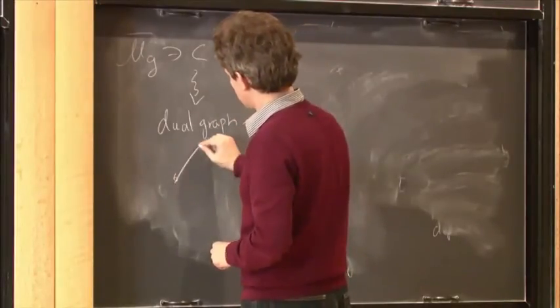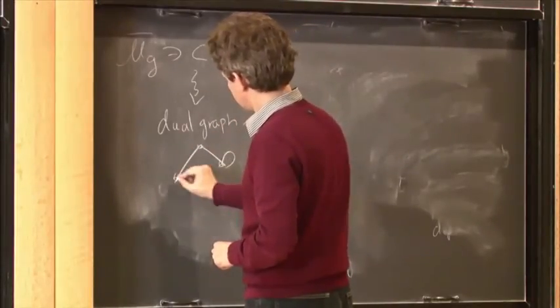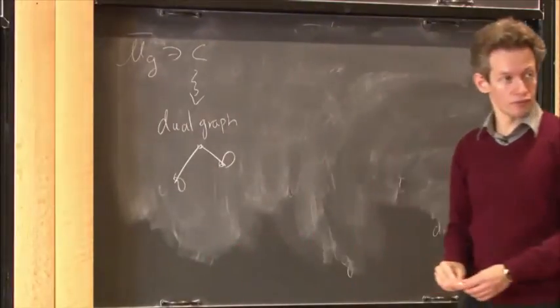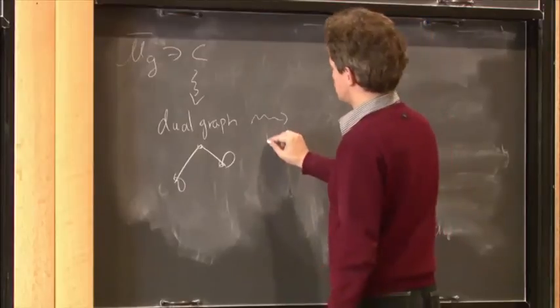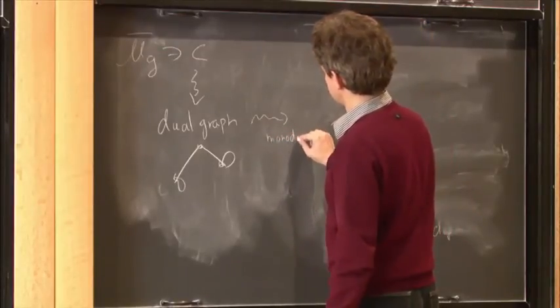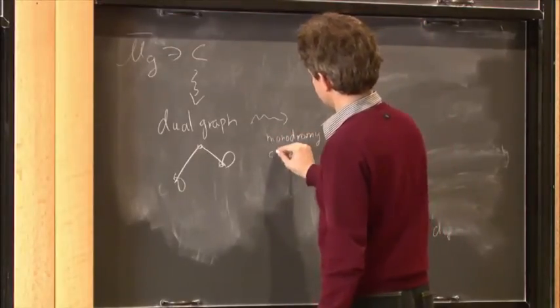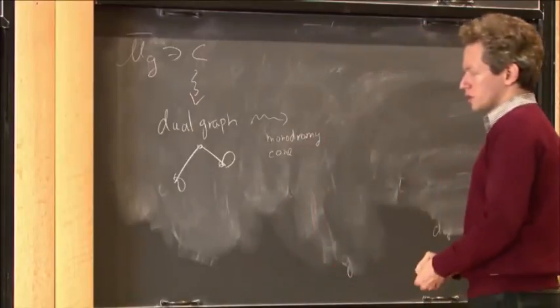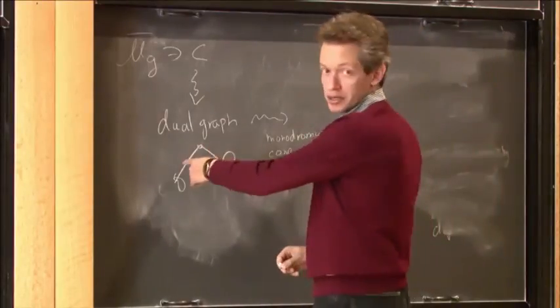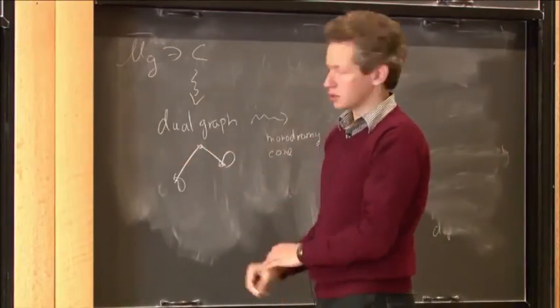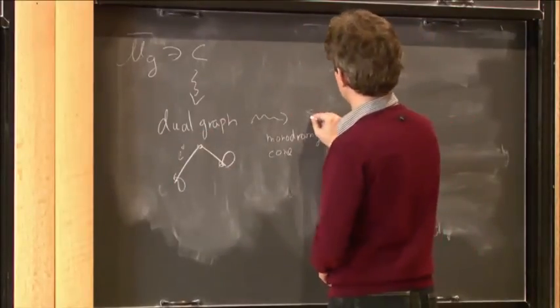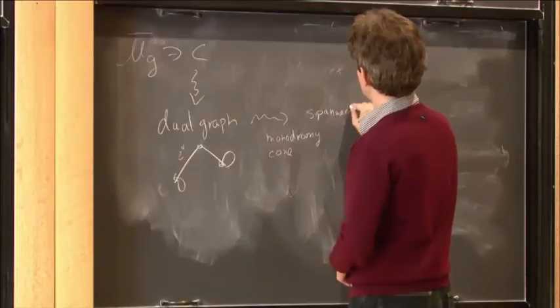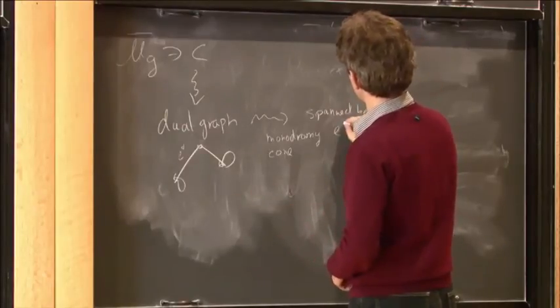Given a dual graph, I can compute the corresponding monodromy cone. Where will it sit? For each edge, I should consider the corresponding dual element, and it will be spanned by the squares of these.